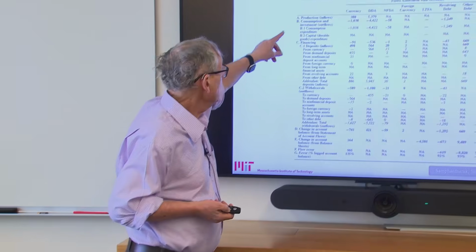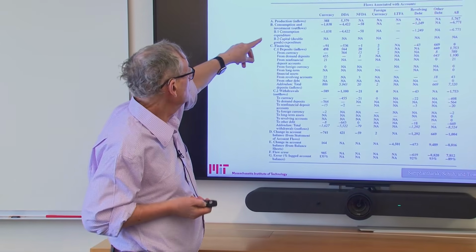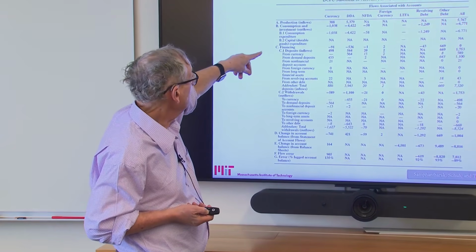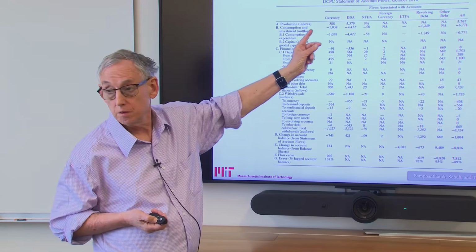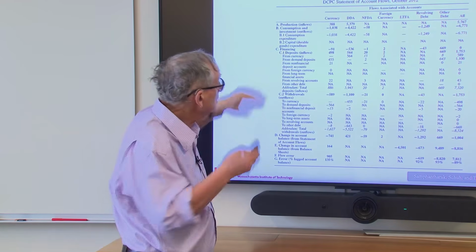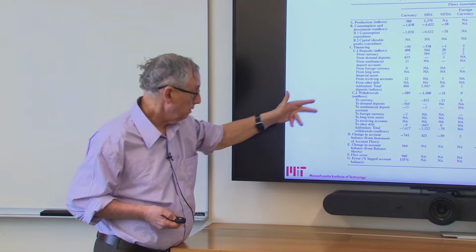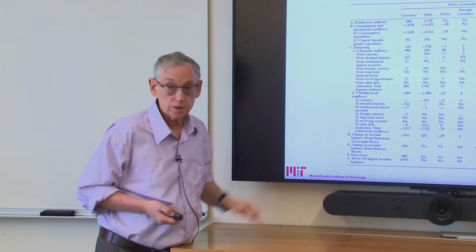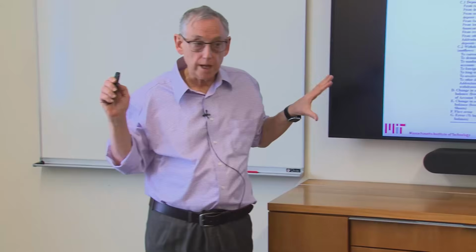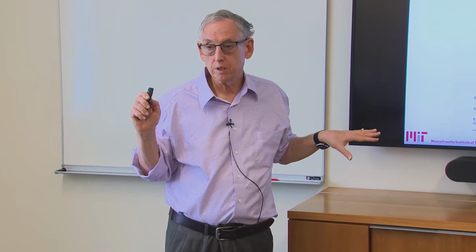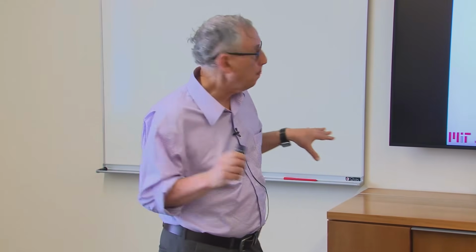So this is a statement of cash flow, but let me say, it's actually a statement of account flows, not just cash. It distinguishes items within cash. So we do have flows coming from production, flows coming from consumption and investment, flows coming from financing, and we have a check here on the consistency. So those are the standard items I showed you previously in the statement of cash flow.